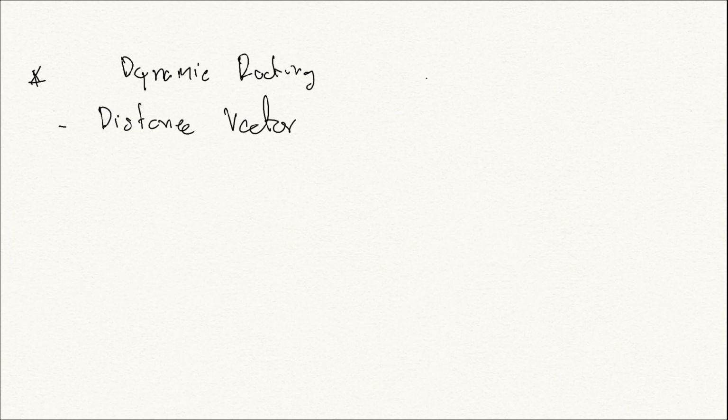If you remember, what kinds of dynamic routing have we learned? We have learned two types of dynamic routing. The first one is the distance vector routing.